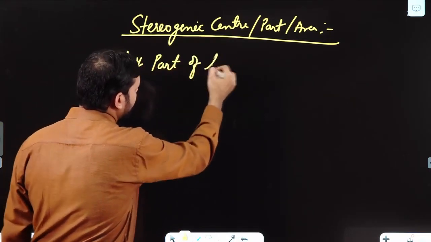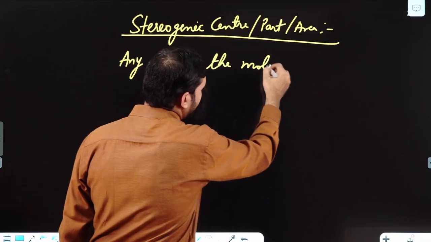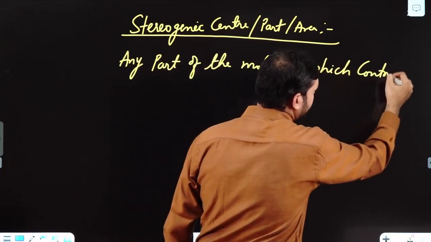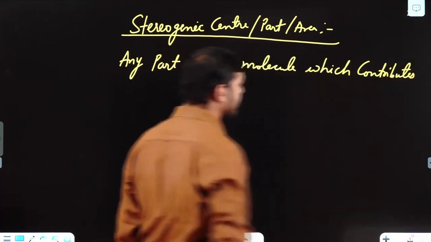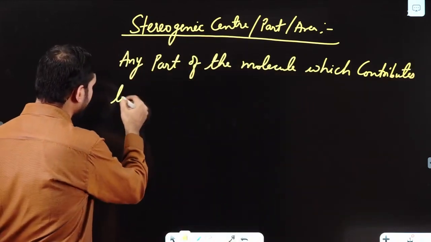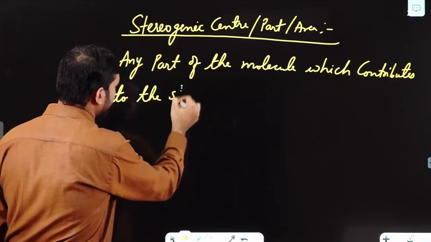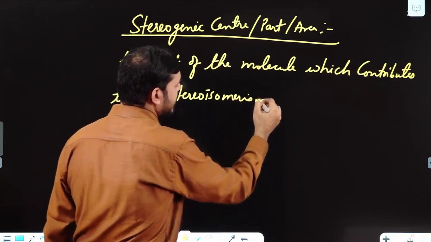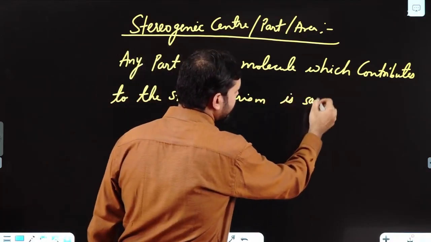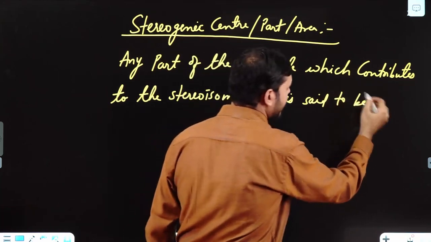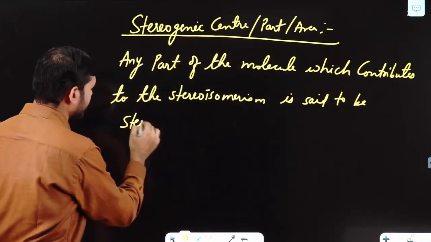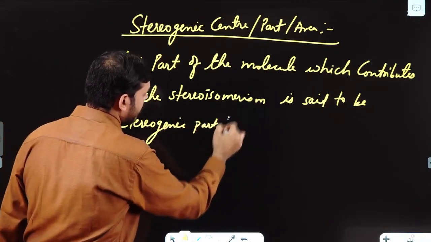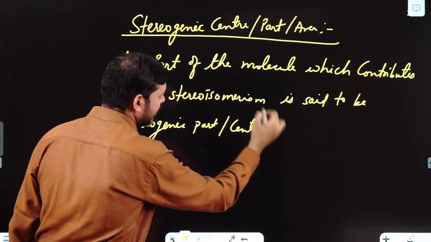Any part of the molecule which contributes to stereoisomerism is said to be a stereogenic part or center.